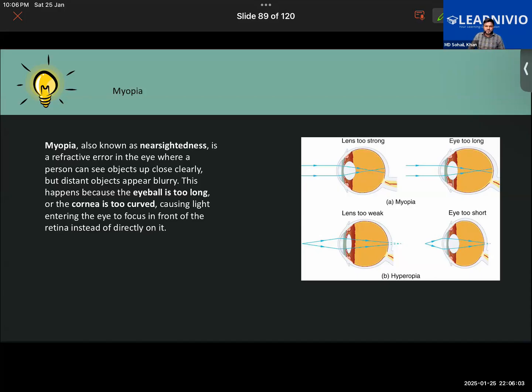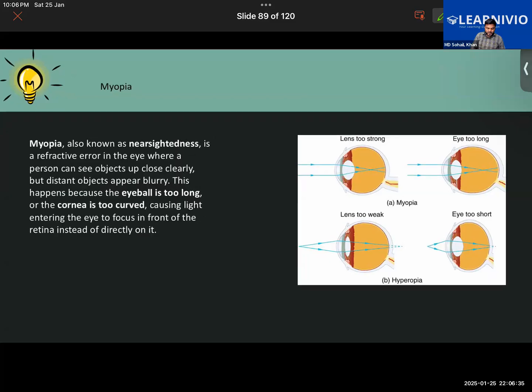So what is the possible cause for myopia? Either the lens is too strong, or the eyeball is very big. That is one such reason. If the eye lens is too strong, it means that its converging power has increased. The eye lens has become thicker.